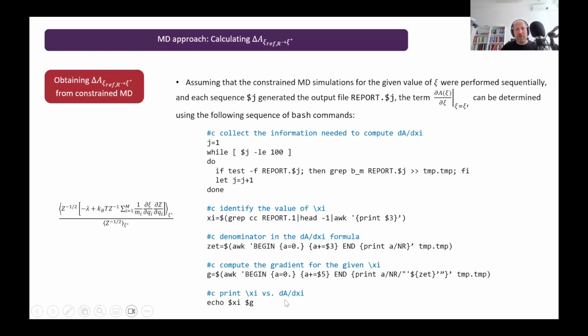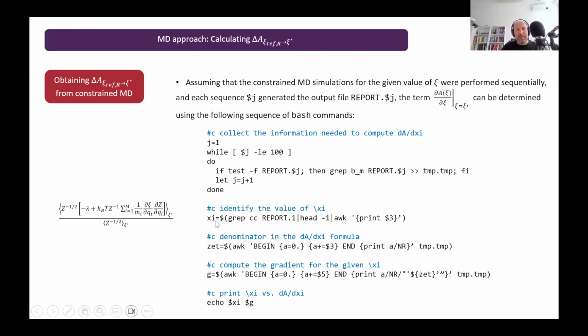Okay, so assume that we already performed constraint molecular dynamics for one integration point. Now we collect useful information. Here I iterate over the sequences that I produced. If a REPORT file for a point number exists, I just extract the line starting with the b_m string and store it in a temporary file.